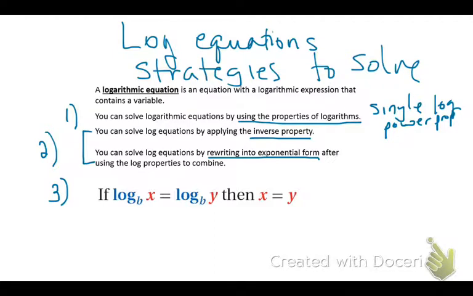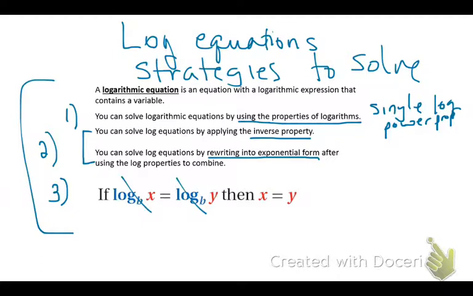So if you have a log that has the same base on each side, that process still works the same. They will still cancel each other out, just like before, and then you would just have what's inside or what's embedded in the logs, and then you would proceed to solve. Okay? And you won't have an x and a y. You'll just have your x, of course. But so there's your options for solving our log equations.